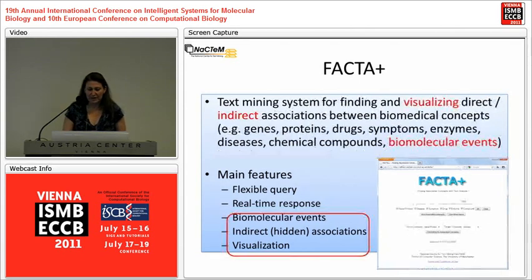The novelty of FACTA Plus is that we introduce search using biomolecular events, and I'll explain what an event is, the indirect associations, and also a more interesting visualization. And this is the screenshot of our system, FACTA Plus.